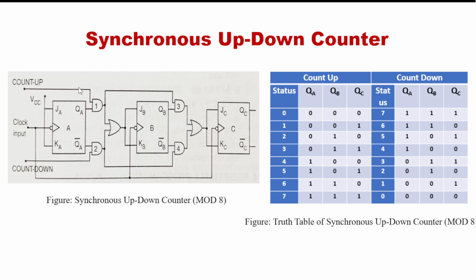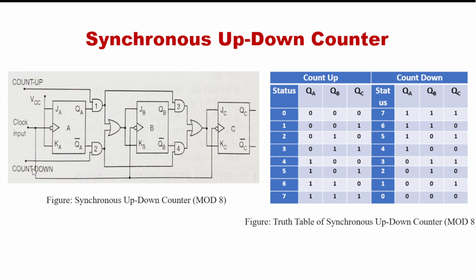Same as before, count up line will be at 0 and count down will be 1. As count up line is 0, AND gate number 1 and AND gate number 3 will be disabled. No output will pass through them, so we will not consider the upper portion.